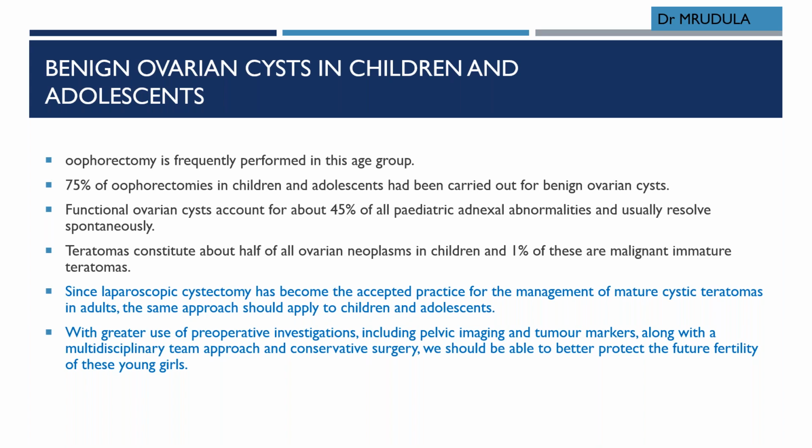Functional ovarian cysts account for almost 45% of all pediatric adnexal abnormalities, and they usually resolve spontaneously. After that, the next more common tumor is teratoma. Teratoma can be immature or mature. Mature teratoma is more common, and 1% are immature or malignant teratomas.